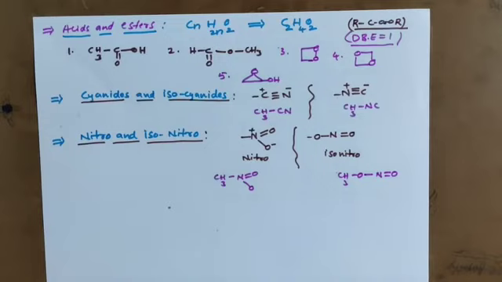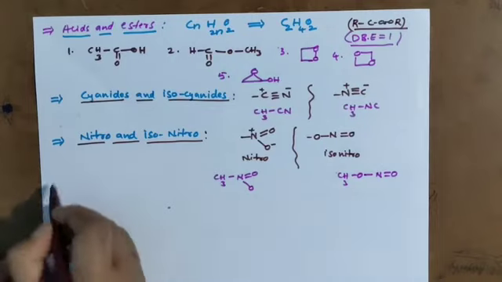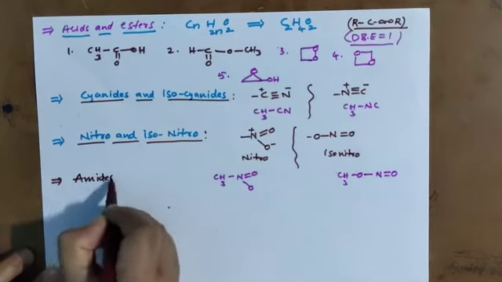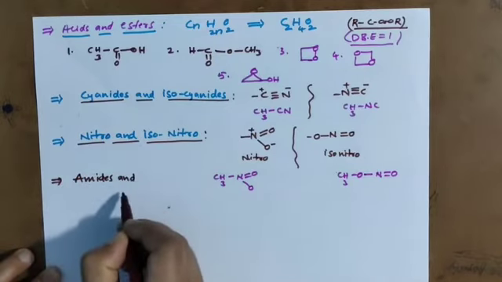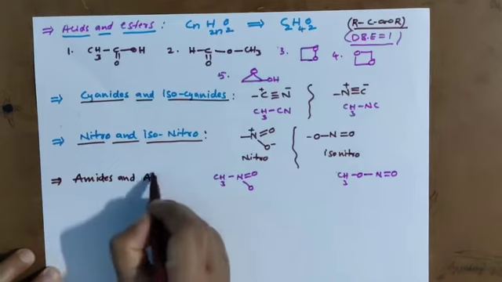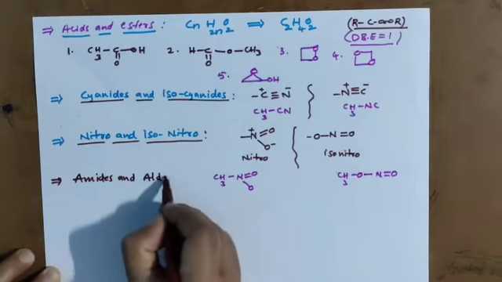Similarly, one more pair we have as functional group isomers, that is amides and aldoximes.